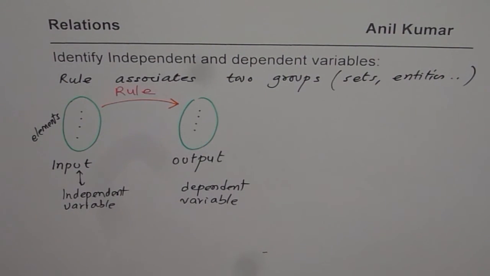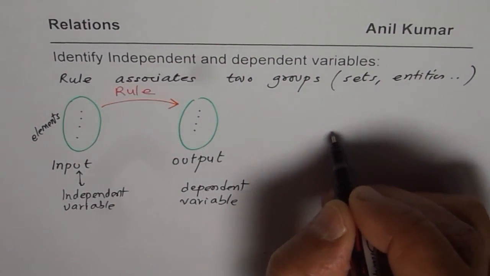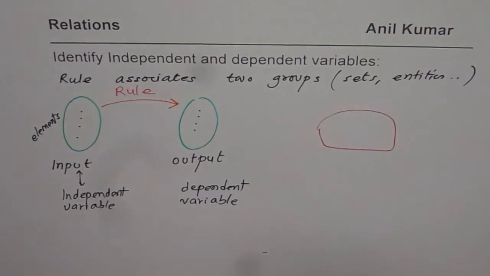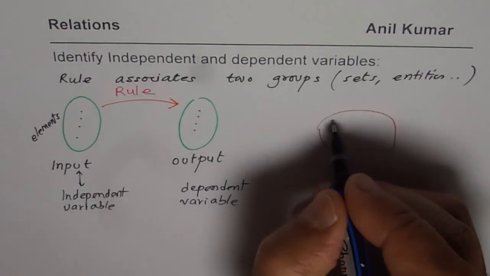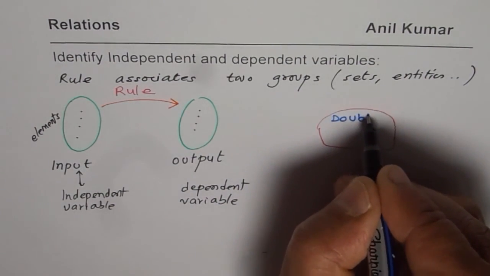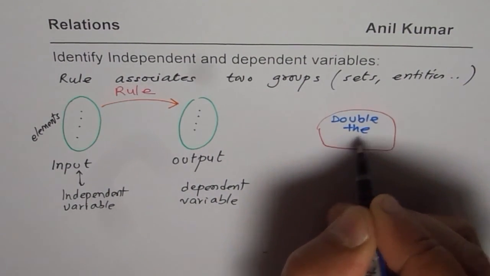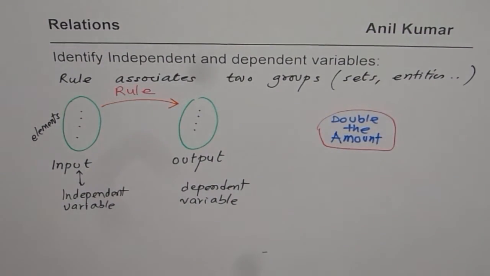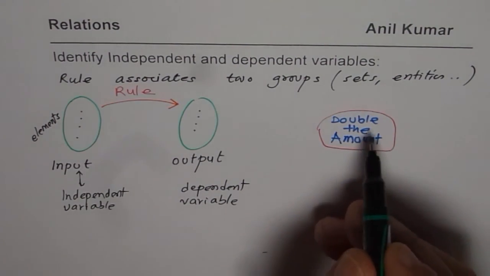So it is kind of like this. For example, if we have some operation going on here, let us say the operation is double the amount. If that is the operation or the rule which links input with output, the rule is double the amount.